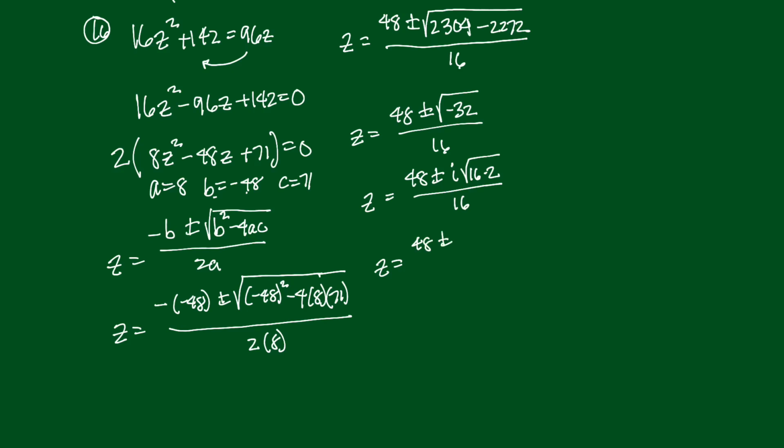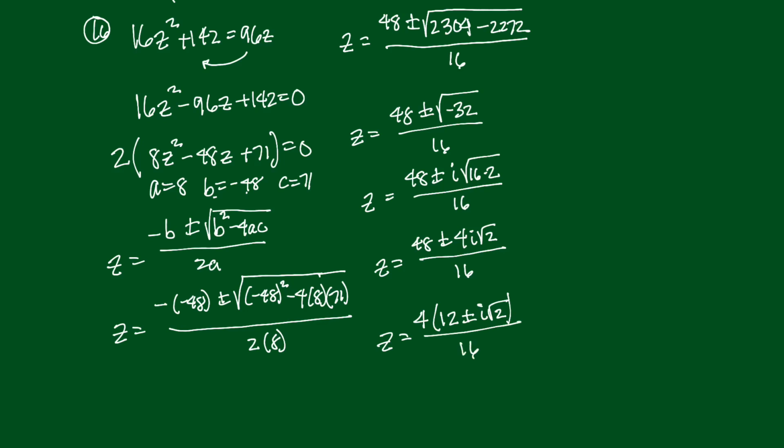So Z is equal to 48 plus or minus, square root of 16 is 4. So I'm going to write it right here. Square root of 16 is 4, so just take a 4 out. So we'll get 4I, we'll be left with a square root of 2, all over 16. Now in the top here, 48 and 4, I can factor a 4 out of that. So I'm going to get Z is equal to 4 times, now take a 4 out. 4 into 48 will go 12, plus or minus, take the 4 out, I'll just get I square root of 2 all over 16.